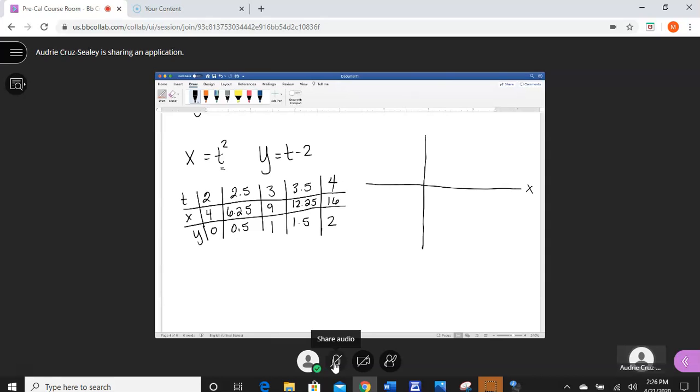When you plot the points, you guys, you're still plotting X and Y. Everybody here should know how to plot points. You're plotting X and Y, but you're taking note of where you're starting and the direction in which you're drawing. So at 4, 0 is where I'm starting. Make sense?